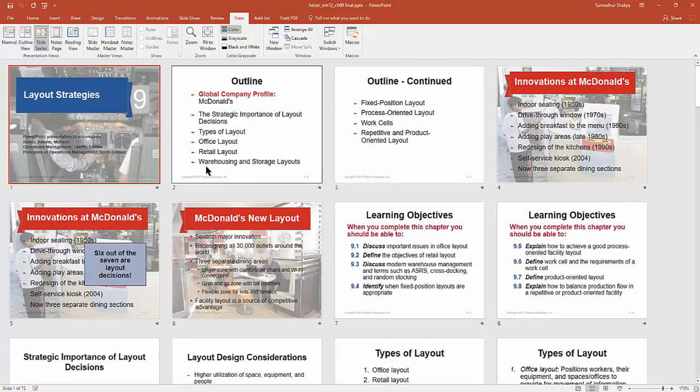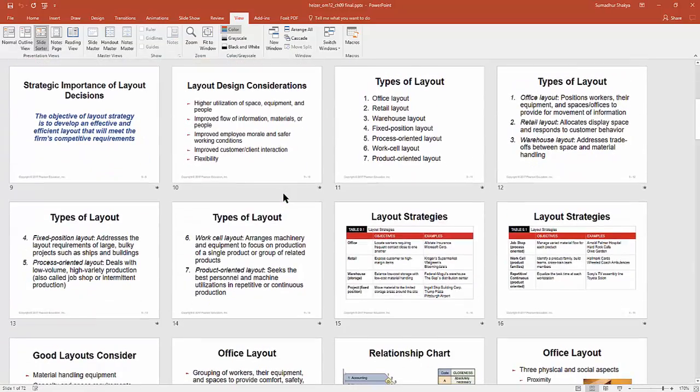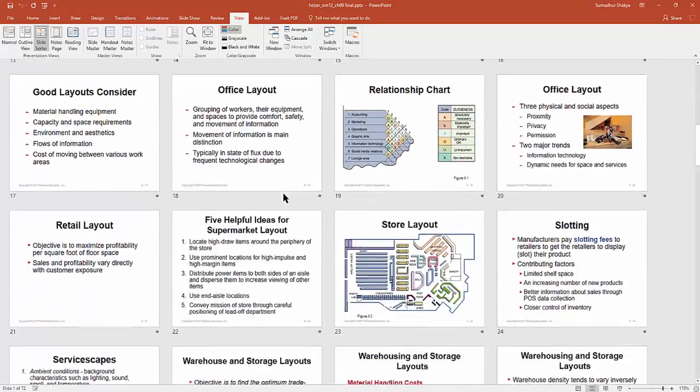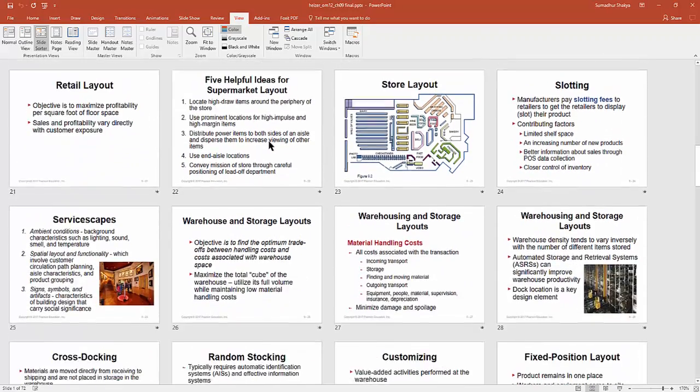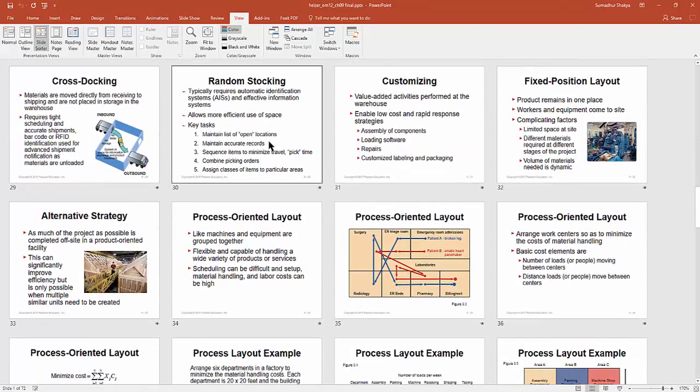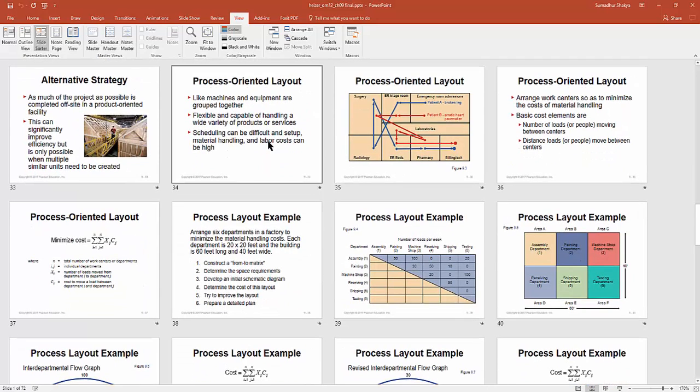One of them is, let's say, the relationship charts, which is subjective. And then also, if we want to go for solving the problems wherein we minimize either the distance traveled or the volume traveling between the different stations, workstations, or both.